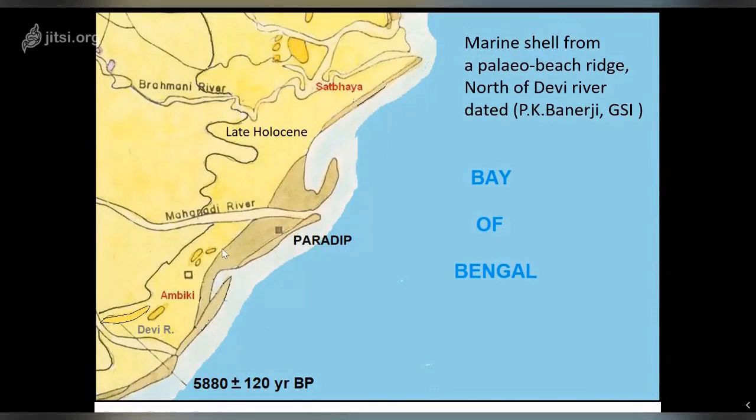Here, to the east of Konarak temple, there is a river, which is also another distributary of Mahanadi, debouching. This river is Devi, debouching into the Bay of Bengal, just about, I think, 27 kilometers from Konarak temple. And an older beach ridge is dated to be 5,880 years before present.